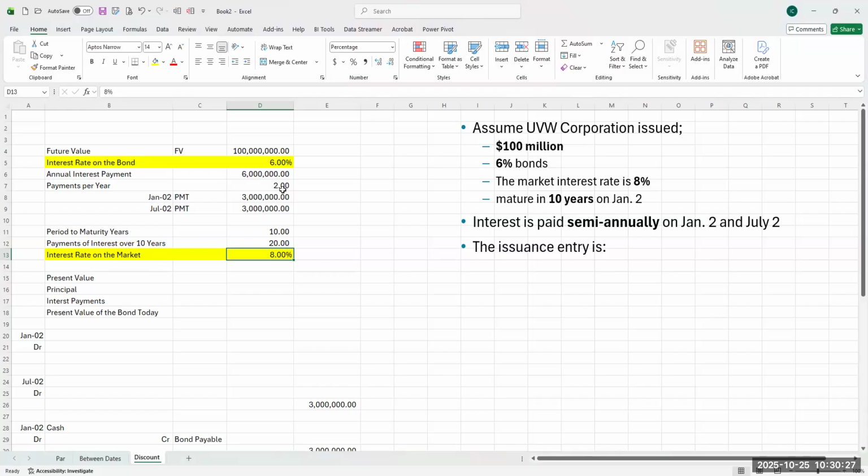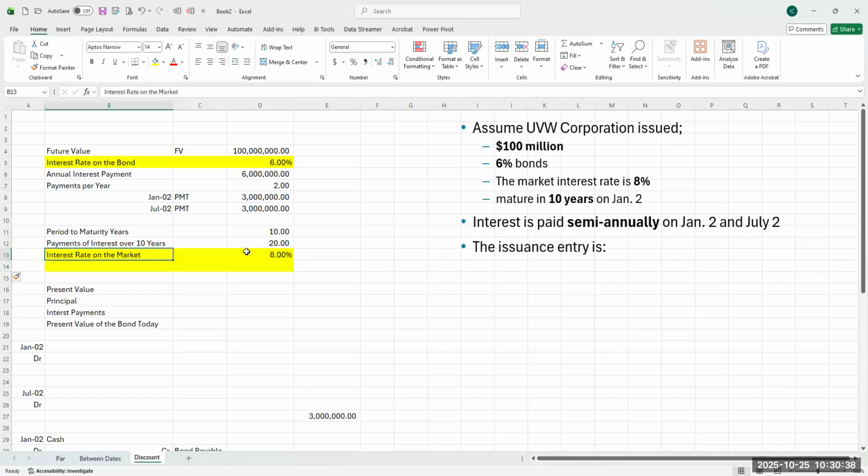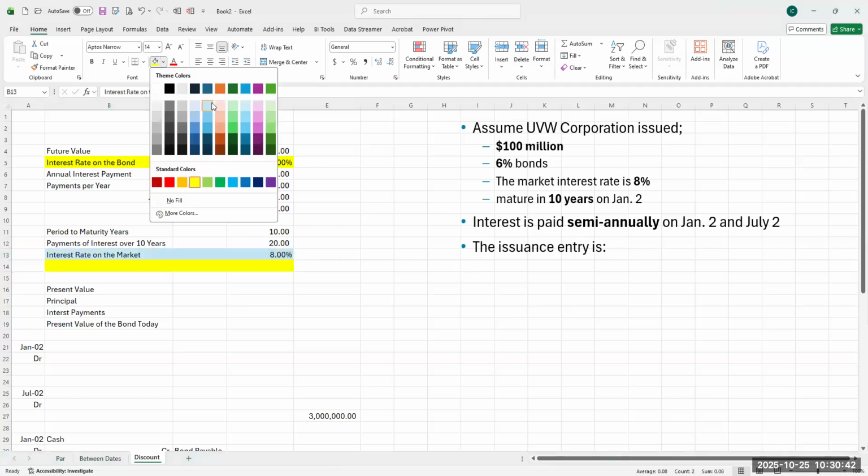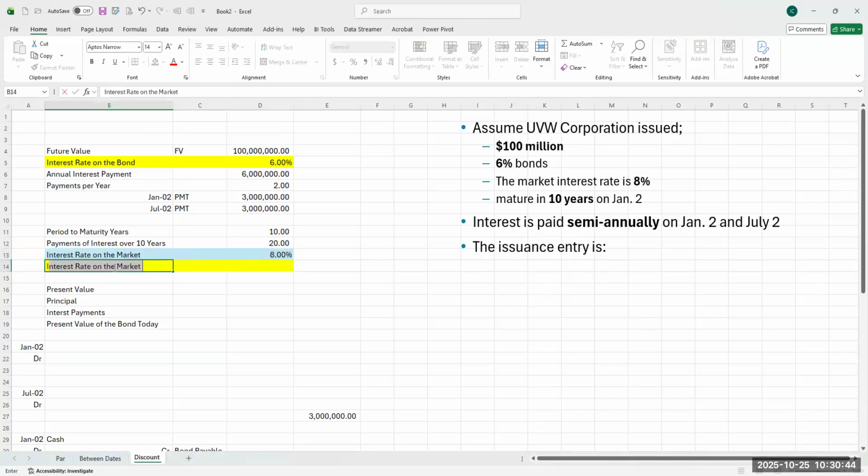And since I'm making 2 payments per year, what will be the market rate? Let's highlight this one with the blue, and this one will be the market interest per payment.